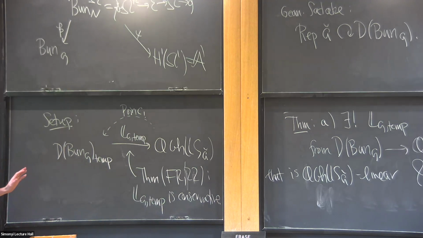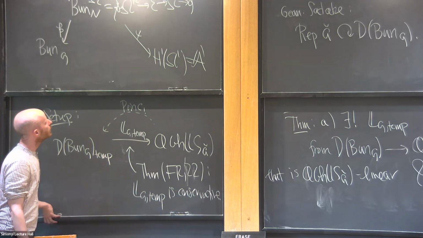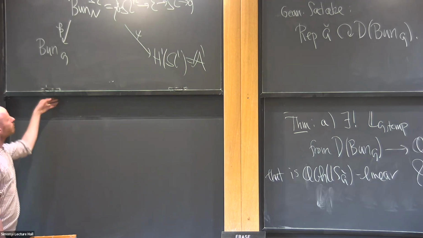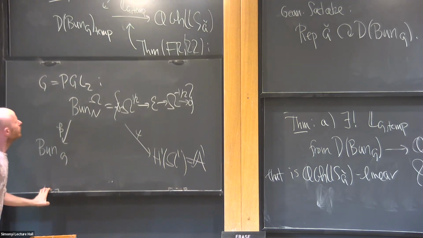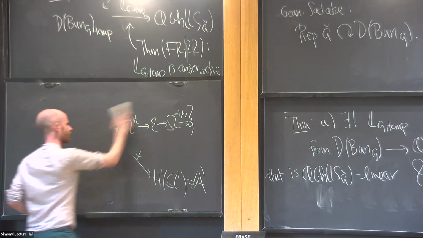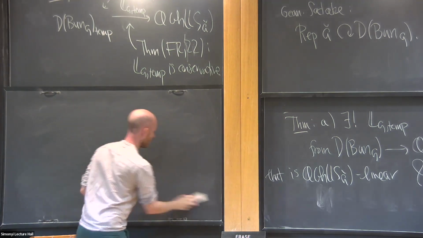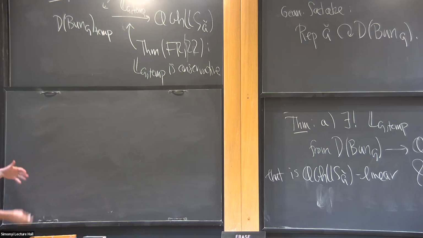And if you've thought about these things before, it's a non-trivial result for groups besides GL_N. And in some sense, this is kind of the theorem that got stuff started. I think in some sense there's nicer geometry going on there, but it's not what I'm going to explain today.